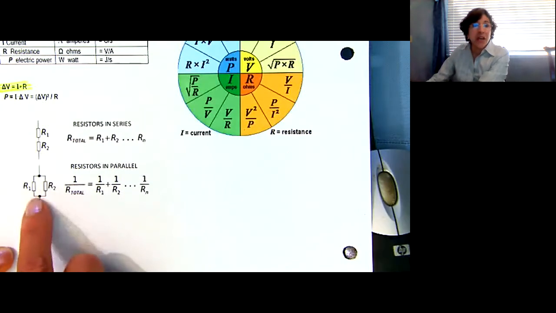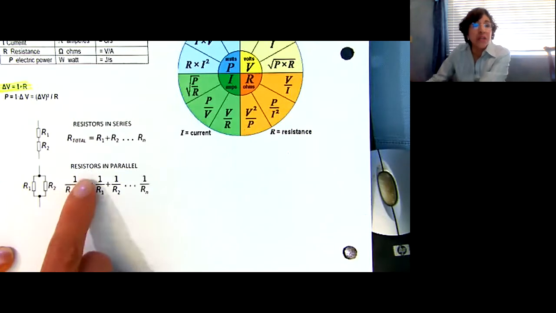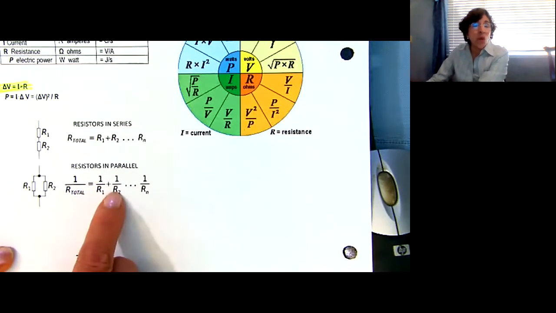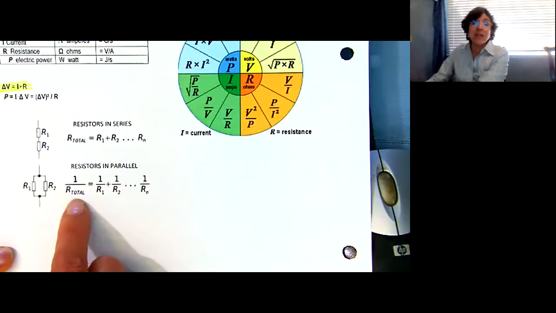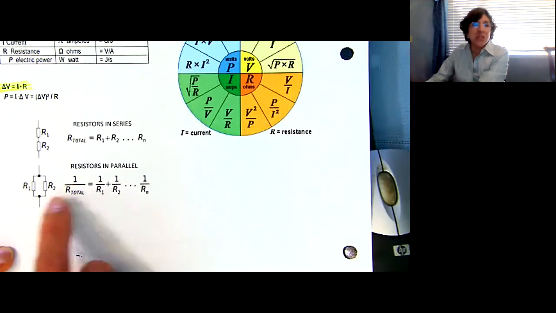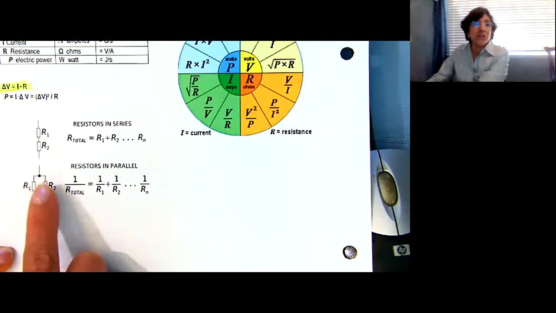So here, interestingly enough, if the first one is 100 ohms and the second one is also 100 ohms, then 1 over R total will be 1 over 100 plus 1 over 100, which is 2 over 100. So therefore, our total is 100 over 2. We have to take the inverse. 100 over 2 is 50 ohms. So if I have 100 ohms parallel to 100 ohms, my total resistance will be 50 ohms. So it turns out if they're both the same, then your total is going to be half.